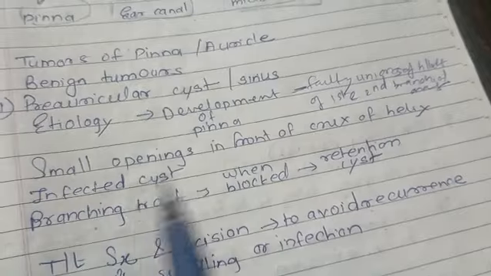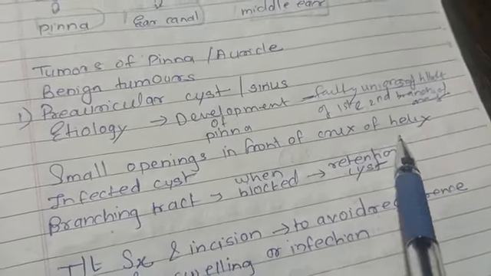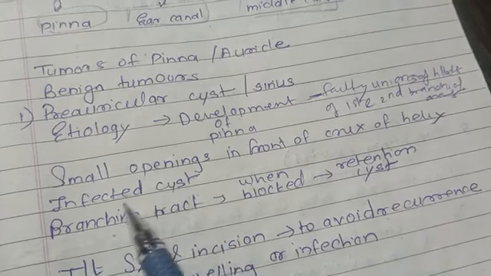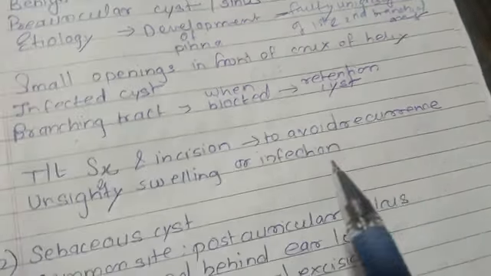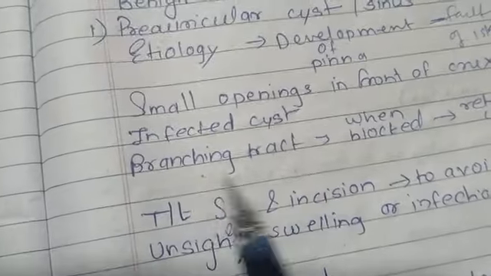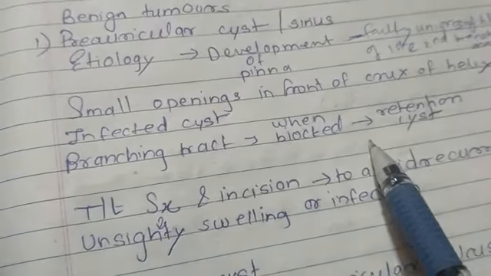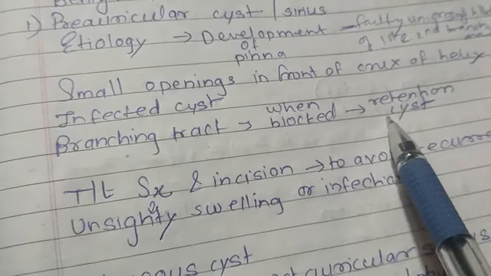So there is a small opening in front of the crux of helix, which presents as an infected cyst, and what happens is the branching tract, when blocked, leads to formation of a retention cyst.